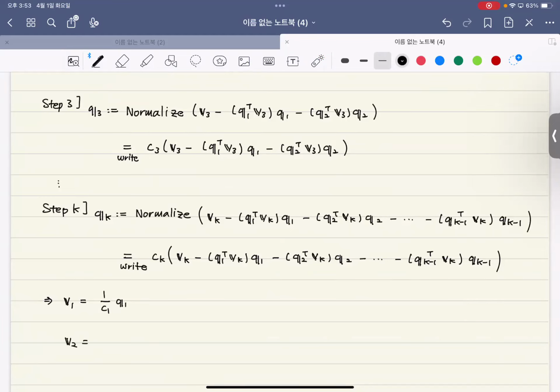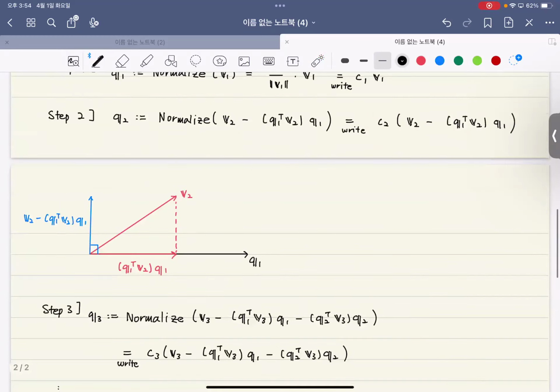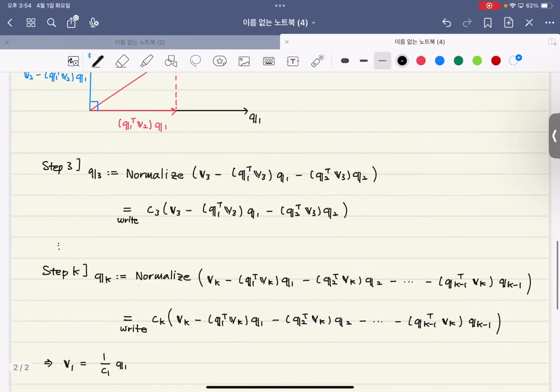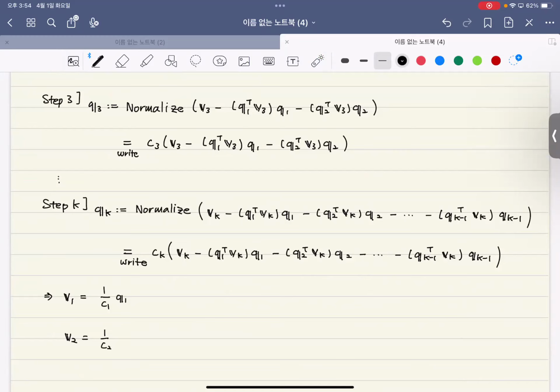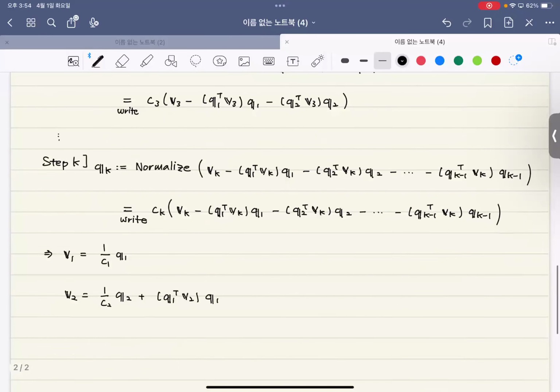And V2 is, from the second equation, if I divide both sides by C2 and solve for V2, this component should go here: 1 over C2 Q2 plus Q1 transpose V2 times Q1. Oh, right, good. Okay.